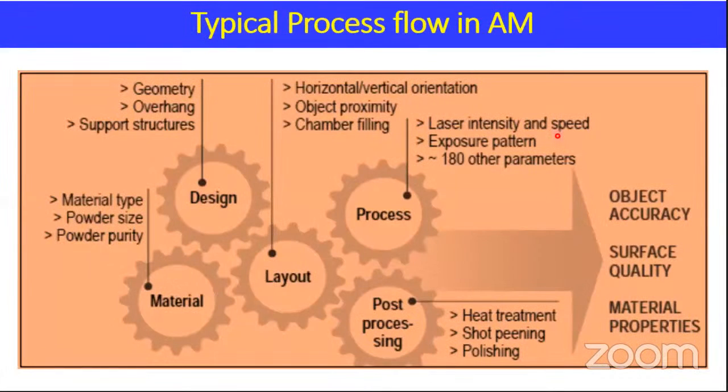So now, having understood different types of AM process and how they classify, the typical process flow in AM technology would be the following. For example, we would be starting with the starting material. As we looked at, the material can be liquid, solid, powder.